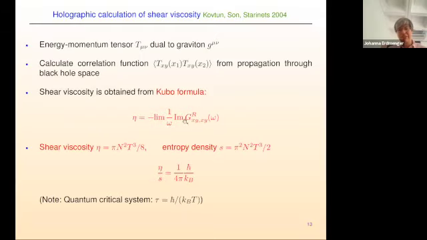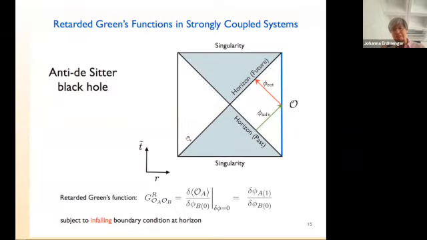It's not just a correlation function, but in fact a retarded Green function that enters the formula for the shear viscosity. And so the nice thing of having a black hole in anti-de Sitter space is that there's a very natural notion of causality.